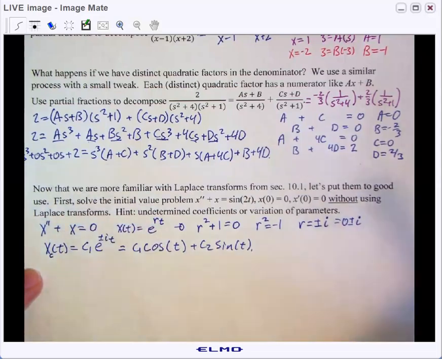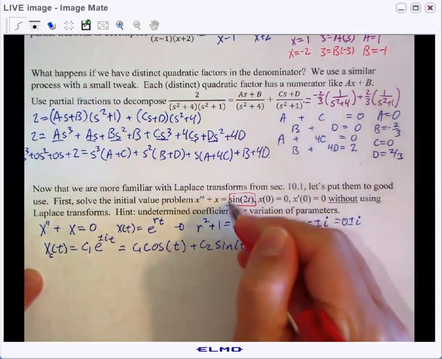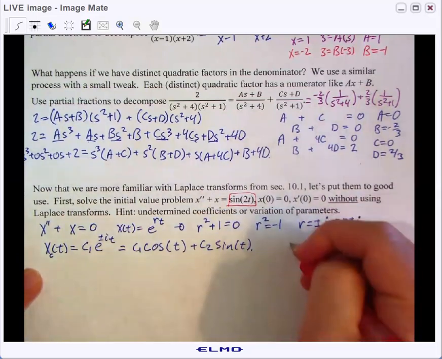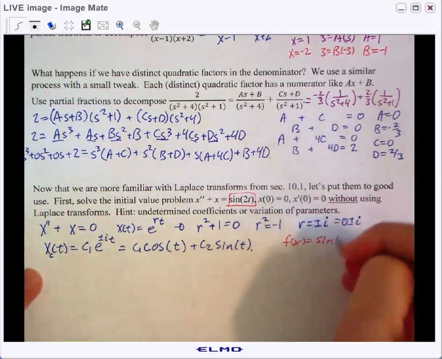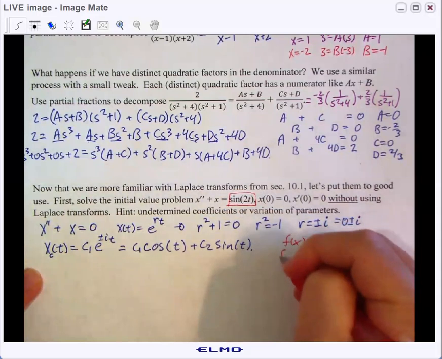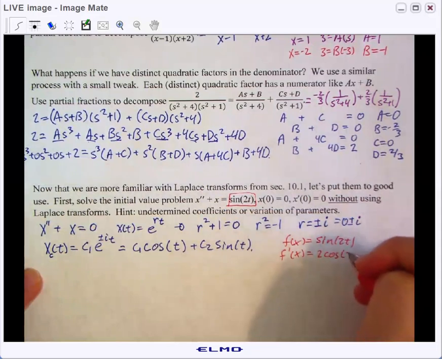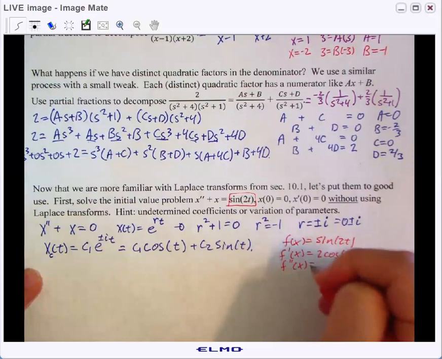Now we see that there's a non-homogeneous piece, sine of 2t, and we notice that sine of 2t and its derivatives, so let me just write that down. So f of t equals sine of 2t. Its derivatives are going to involve sine of 2t and cosine of 2t multiplied by constants.